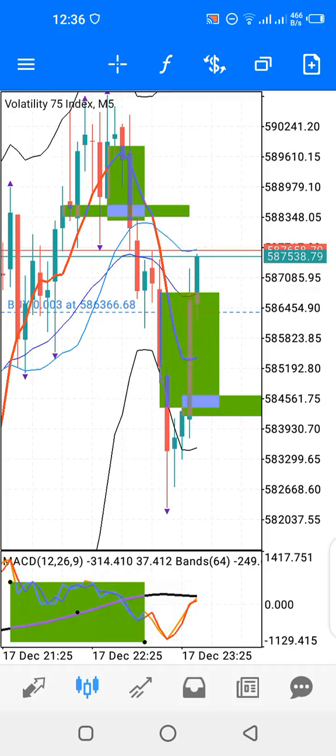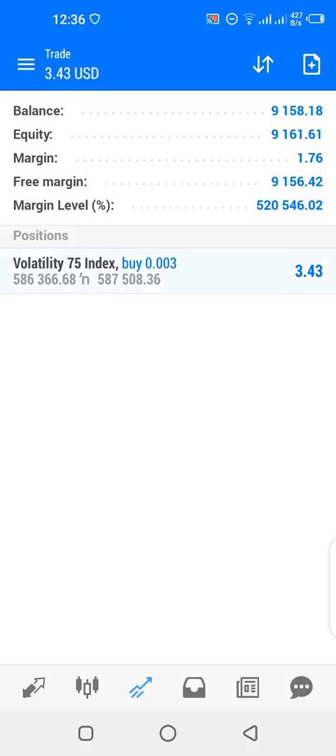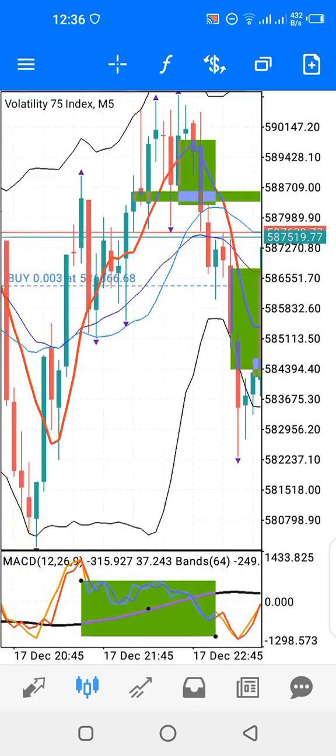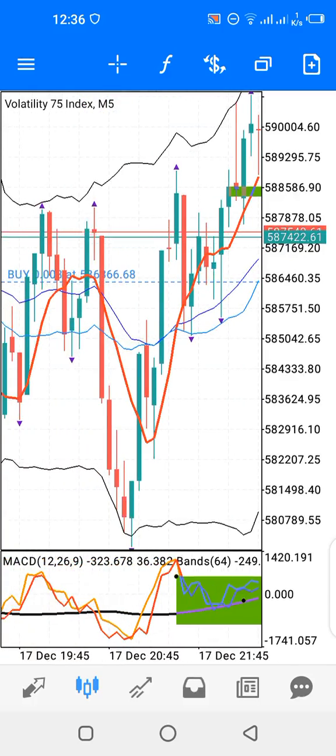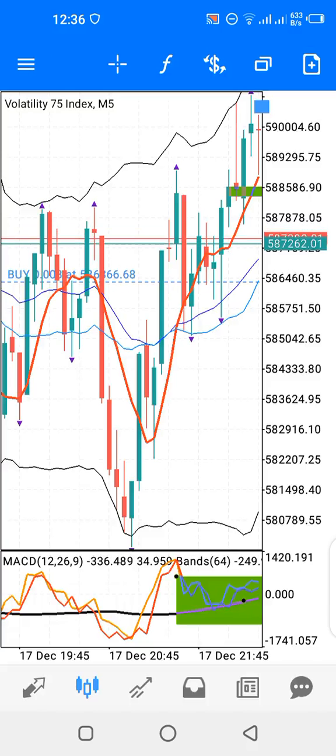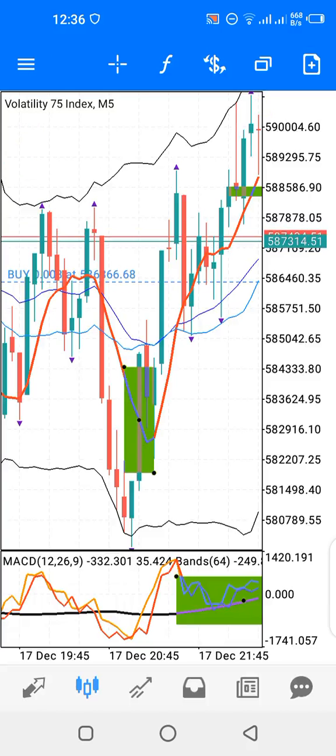I can see now it just made $3.77, using 0.003 lots. So that's basically how the strategy works. Like a wrap around here, allow the candle to lap.